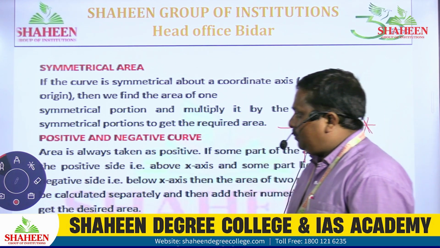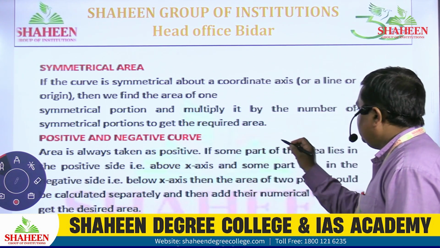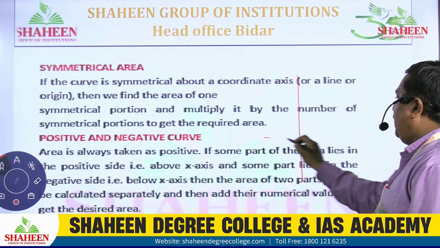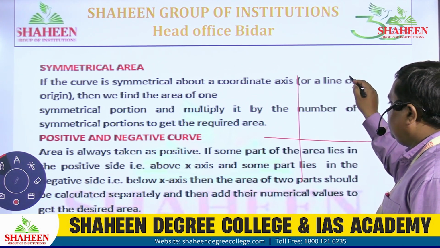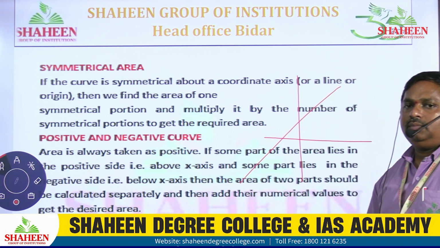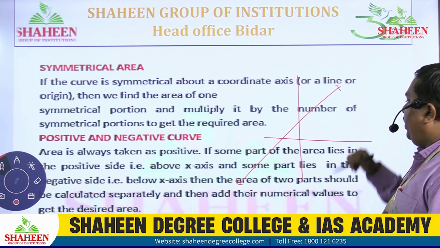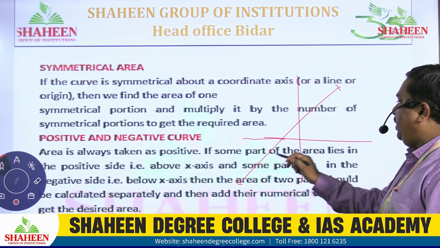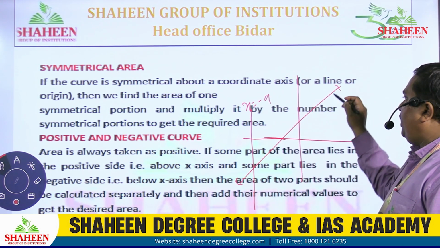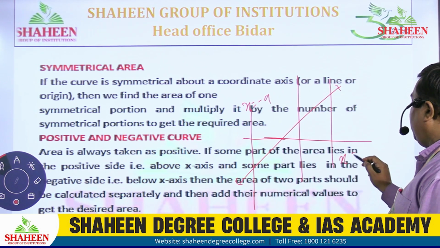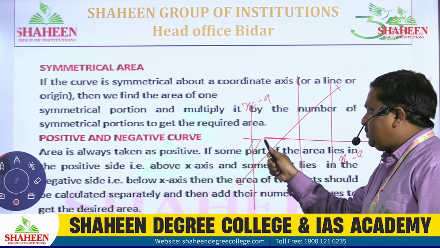Or else, suppose our curve is like this. This is the y-axis and this is the x-axis, and this is our curve, or this is our line. We are finding the area from x equal to minus a to x equal to plus a. Okay, so we have some portion here which is below the x-axis.